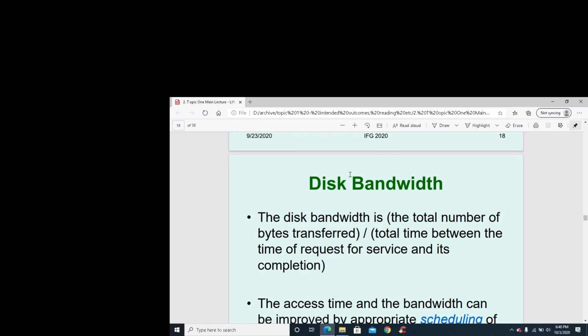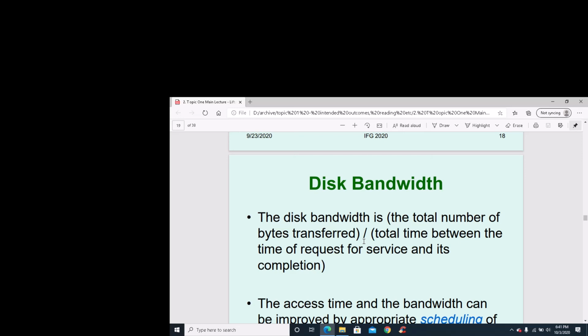Right. Next is a definition of disk bandwidth. So here we go. Disk bandwidth is the total number of bytes transferred, divided by the total time between the time that you request either data to be read or data to be written and the completion of that task.